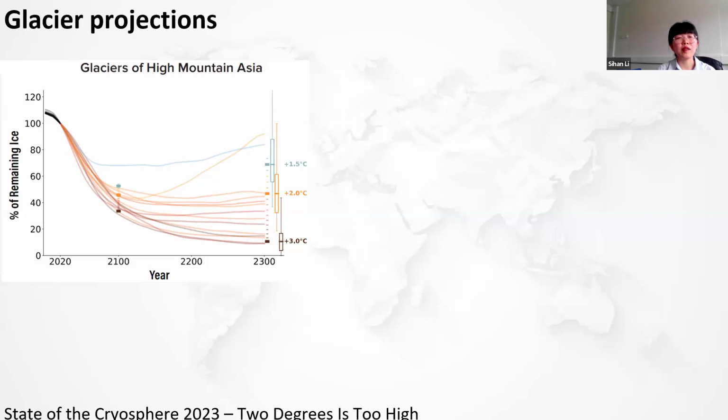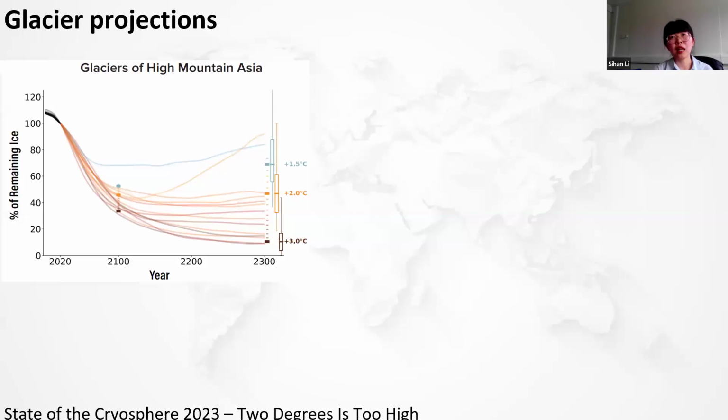And this is a relative comparison to 2020. So using 2020 as a reference period, that's why before 2020, you see this percentage that's higher than 100%. It is because prior to 2020, we have higher or more ice coverage over these regions.